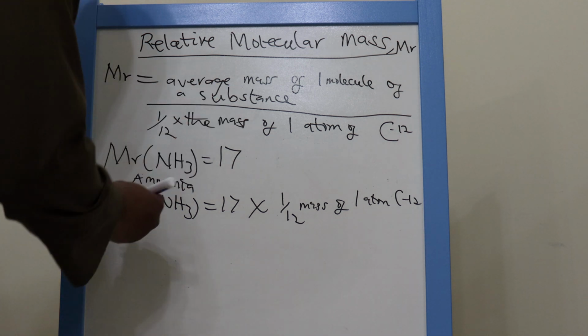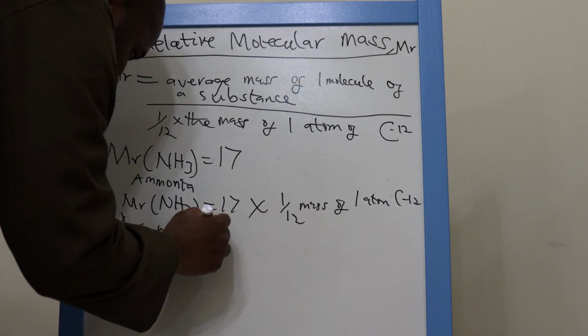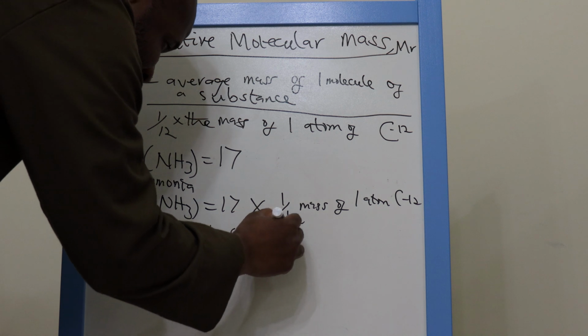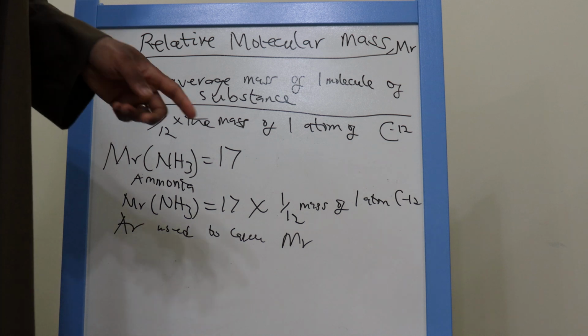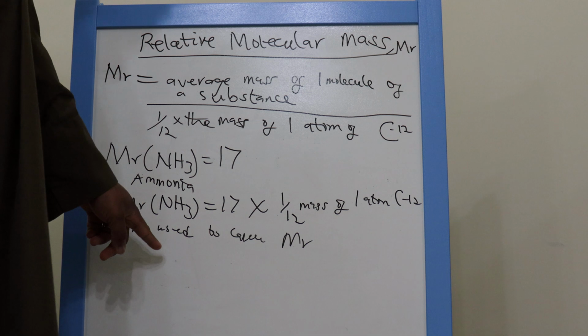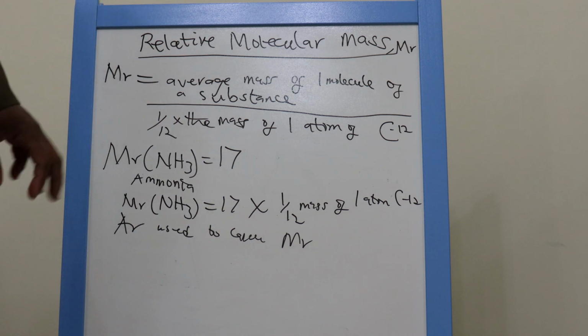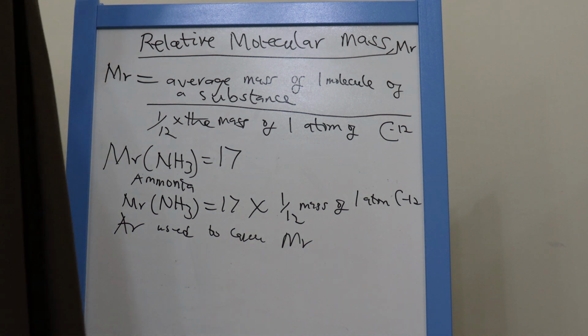So before you calculate the relative molecular mass, you will need the relative atomic mass of the individual atoms in the molecule or compound you intend to calculate. And also relative molecular mass has no unit.